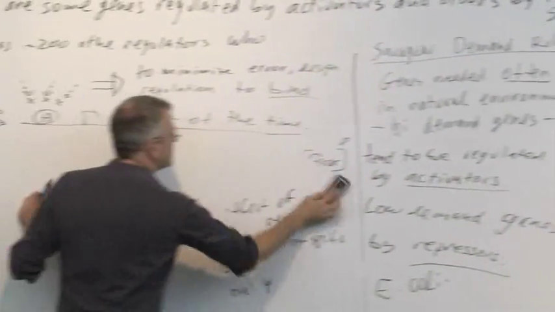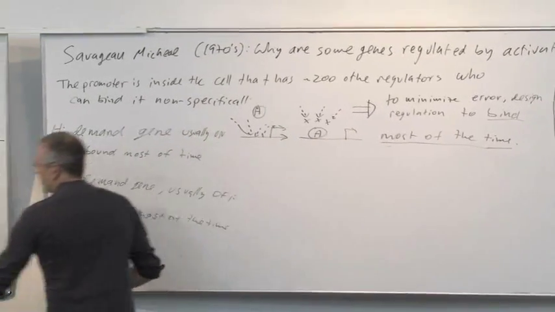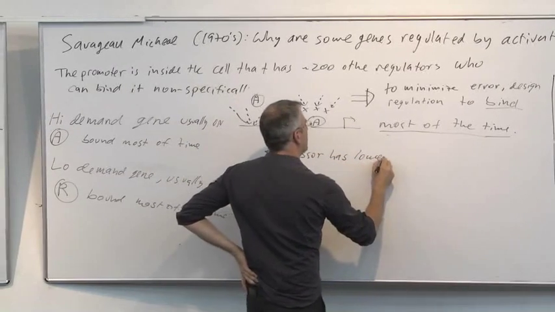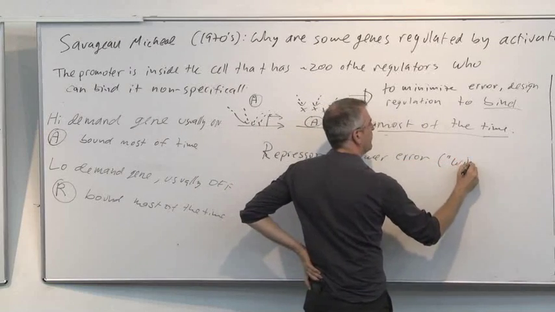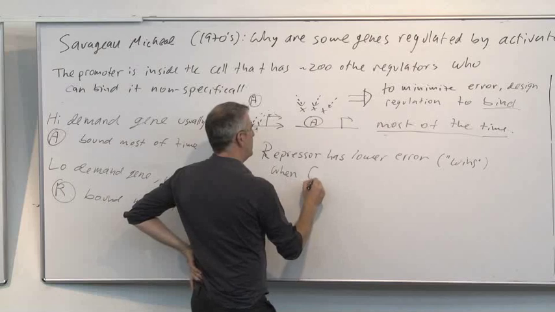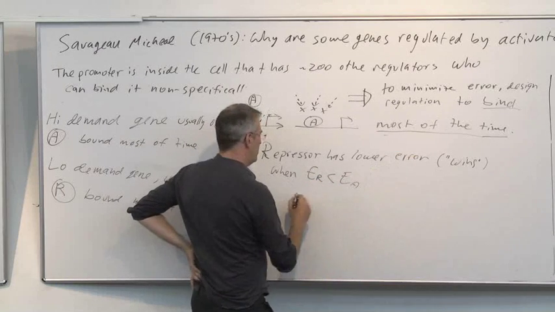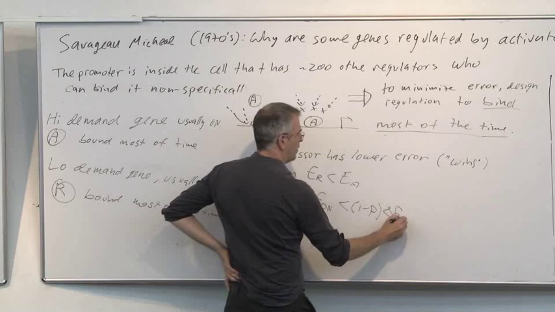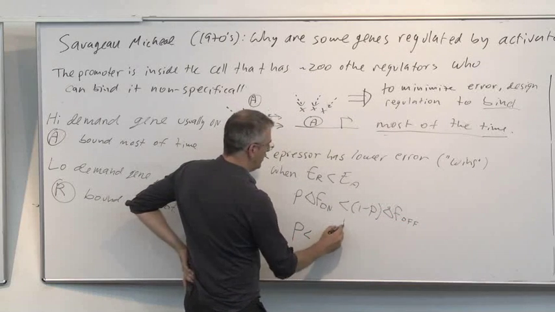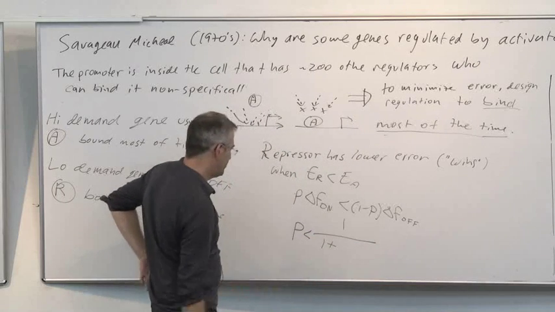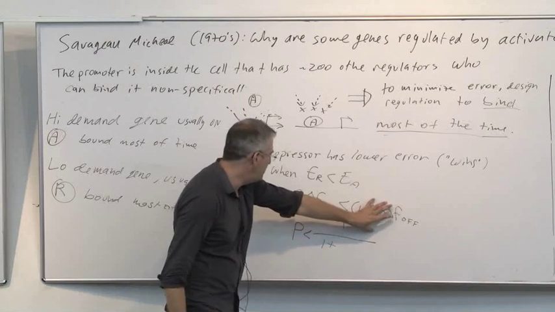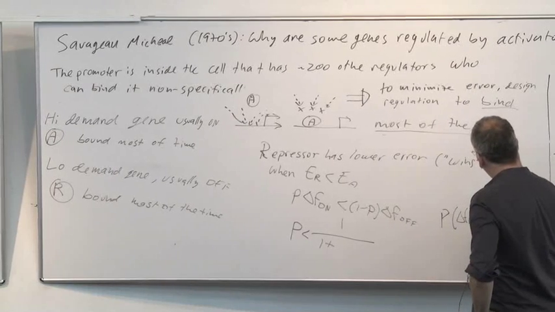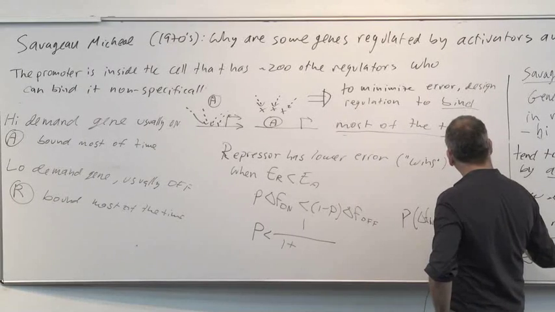The repressor has lower error, wins, when E_R is less than E_A, which means that P delta F on is less than (1 minus P) delta F off, which means that P is less than 1 over 1 plus... Okay, so what I do is move this P delta F on here, so I have P times (delta F on plus delta F off) is less than delta F off.